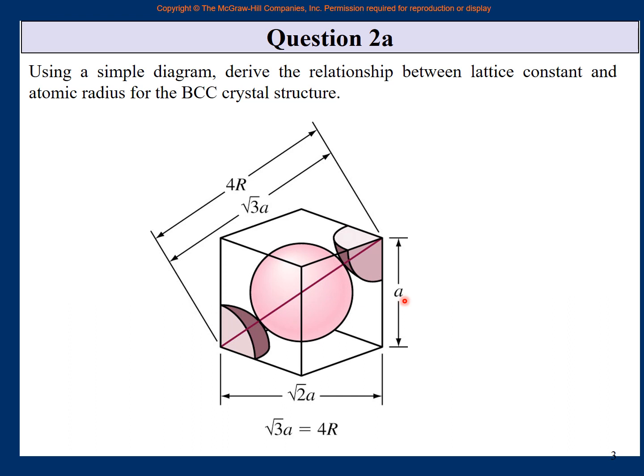When you take the under root, it is root 3 a. So this line in terms of radii is 4r, and this line in terms of a is root 3 a. So 4r is equal to root 3 a. This is the equation between the lattice constant and the atomic radius for a BCC crystal structure. Of course you will write a few lines, but I have explained the whole question to you, right?